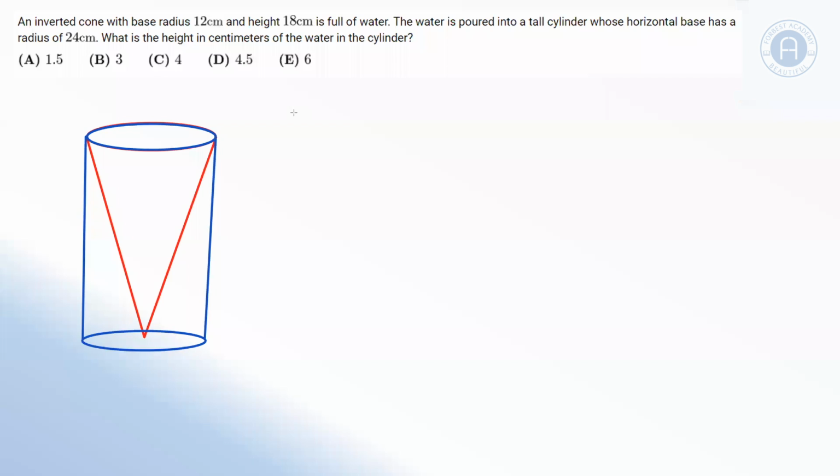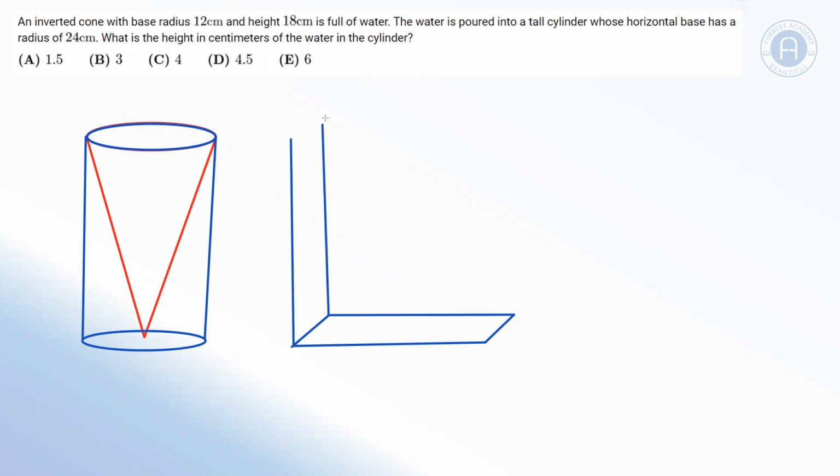Now, the same thing applies for pyramids as well. So this isn't just applicable for cones. If we consider a square-based pyramid for a second, apologies, it's not the best square in the world. Let's call it a rectangular-based pyramid then.